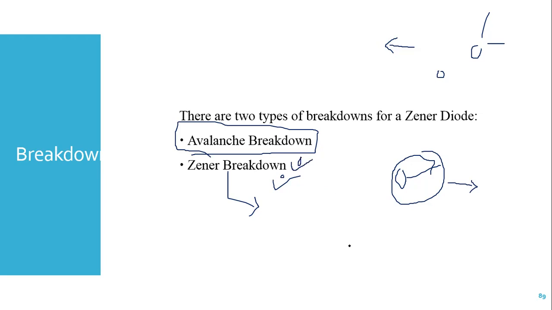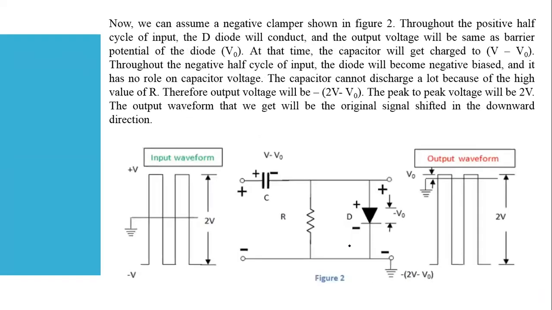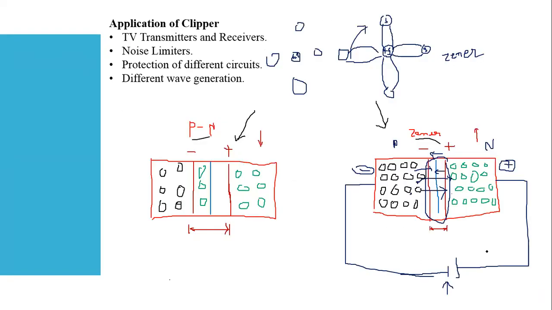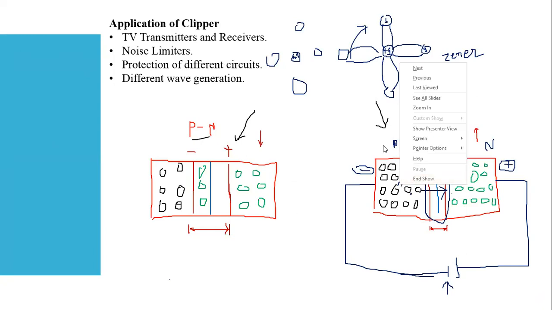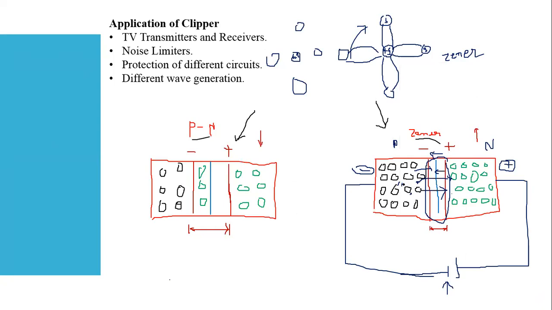But if you still increase the voltage level, then as I told you, the minority carrier electrons gain more kinetic energy while passing through, and then they collide with other electrons. In this way more and more electrons are produced.